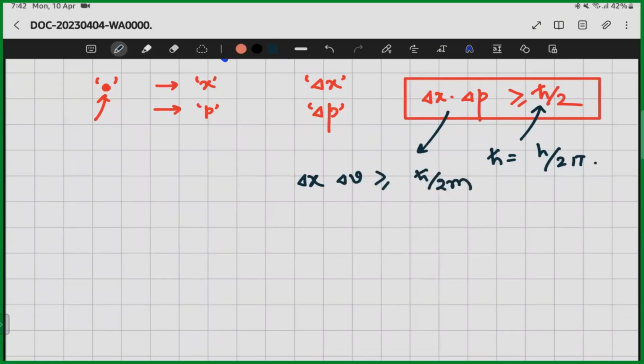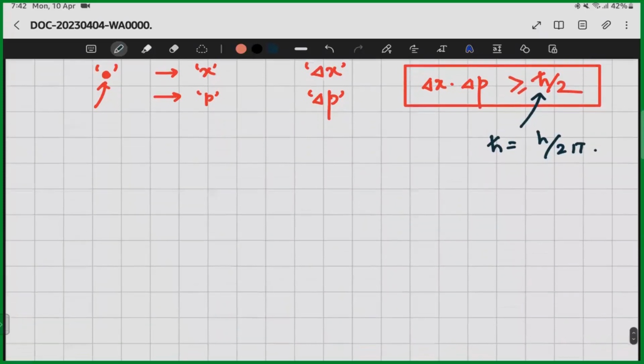There is no uncertainty in m for an electron. M is m. So this is our uncertainty relation. Now this holds for the quantum mechanical particle only. For a classical particle we can make del p 0, and then also we can have del x 0.